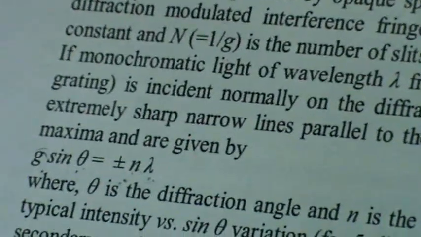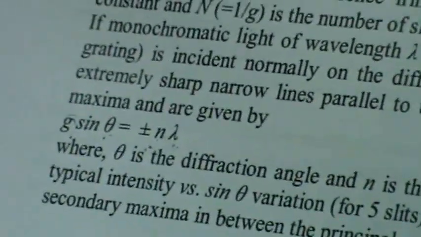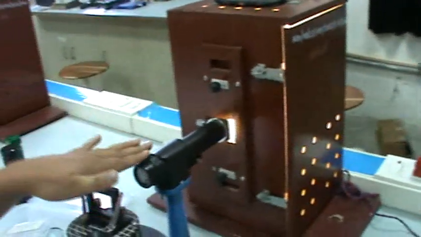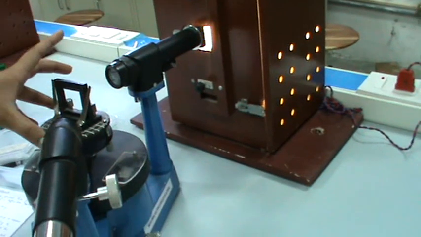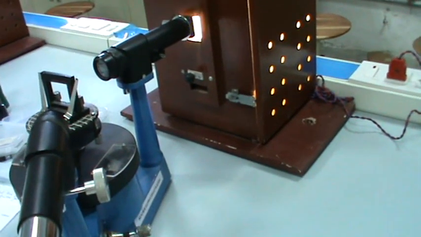So instead of monochromatic light, if we have polychromatic light, then for each diffraction order we will have as many lines of diffraction as there are different wavelengths in the light source.